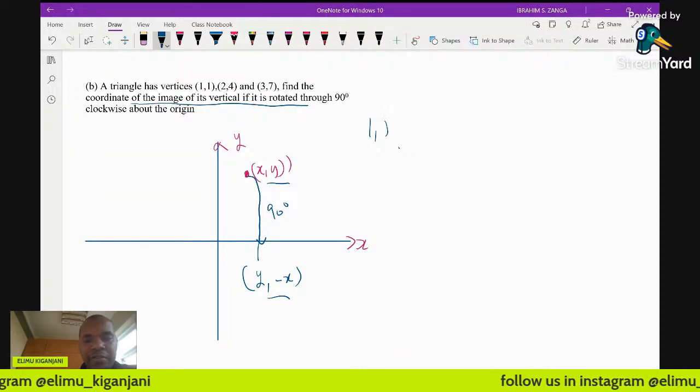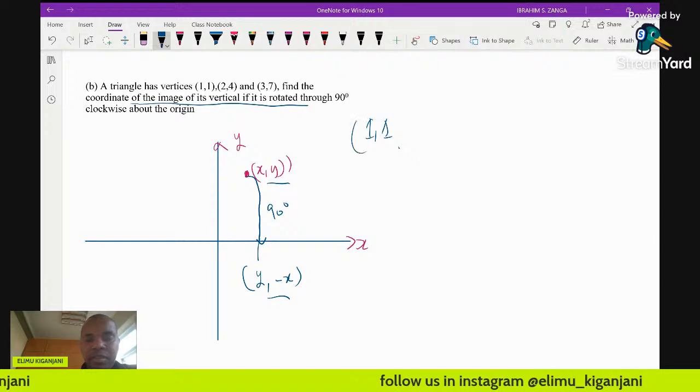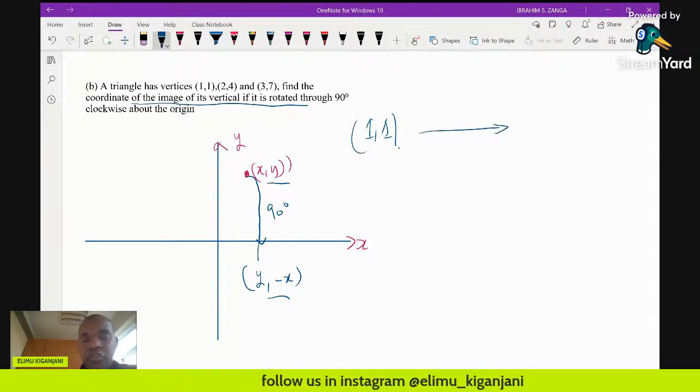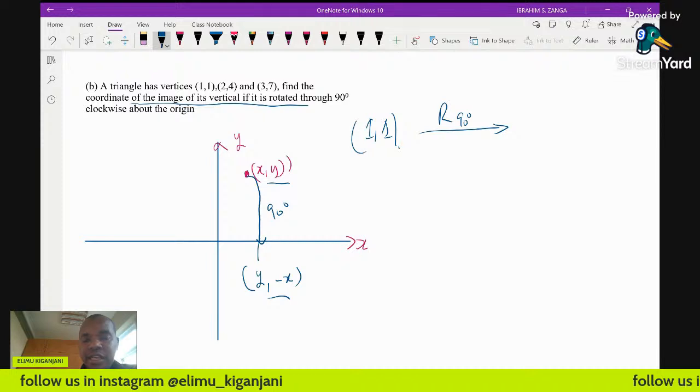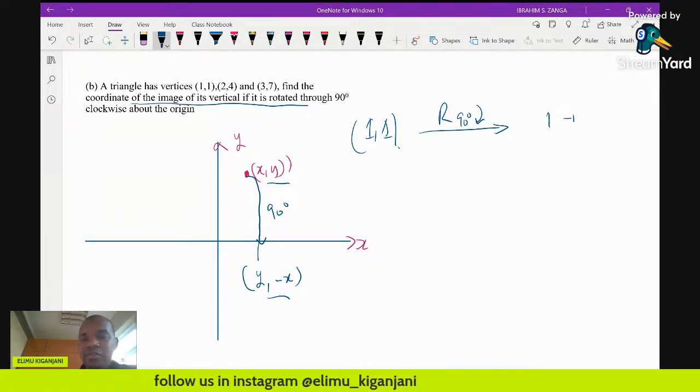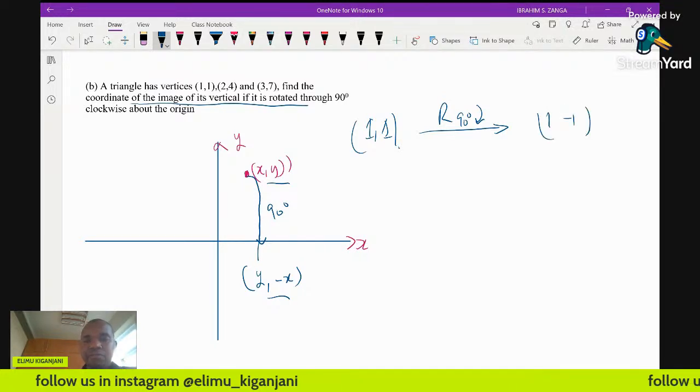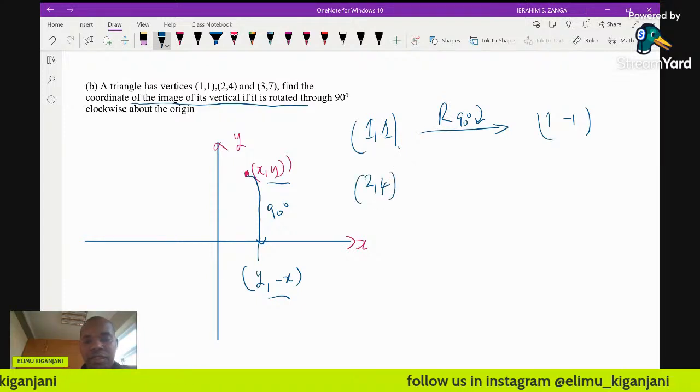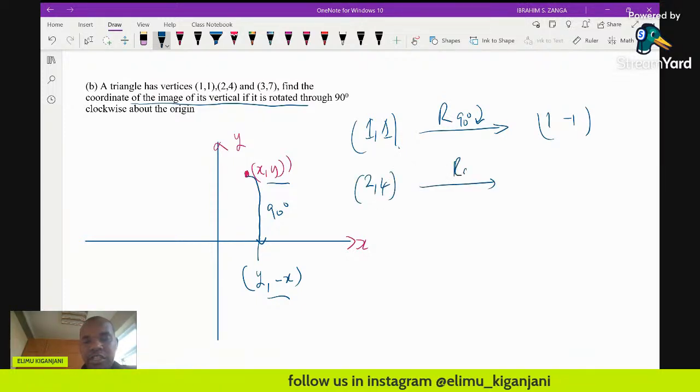So from here, (1, 1) is going to be transformed 90 degrees, sorry, clockwise. So that is going to be (1, negative 1) now. Then you have (2, 4) after rotation 90 degrees clockwise.